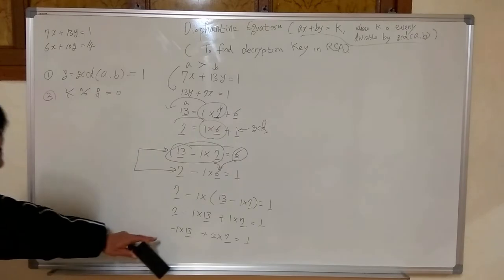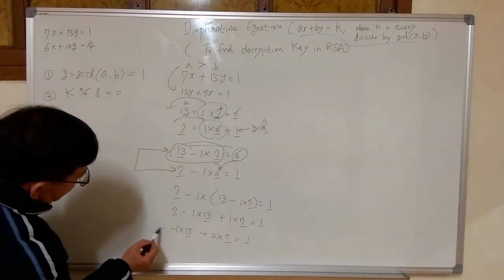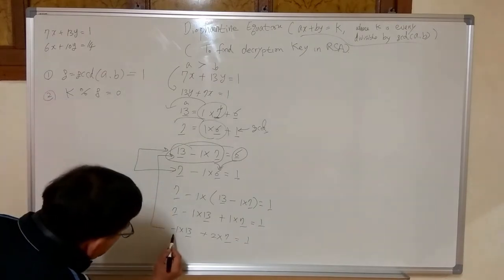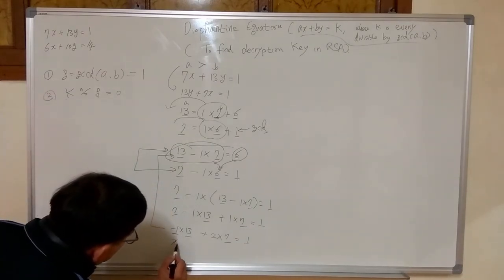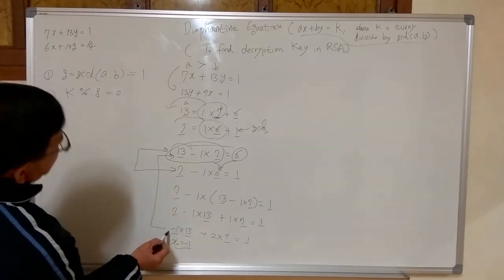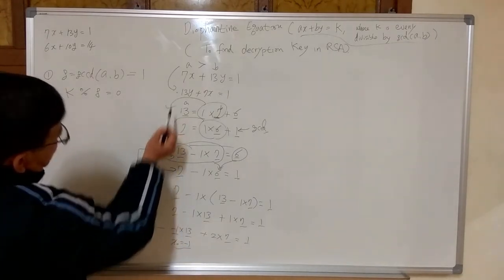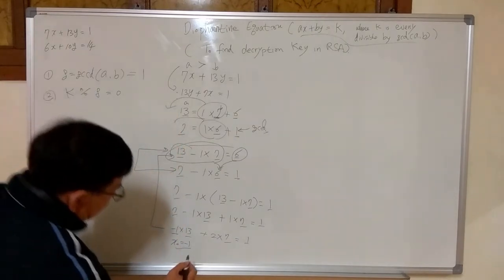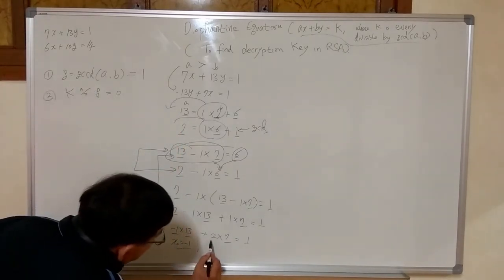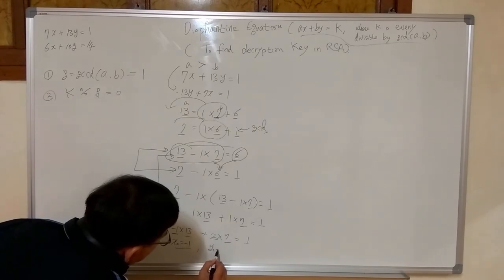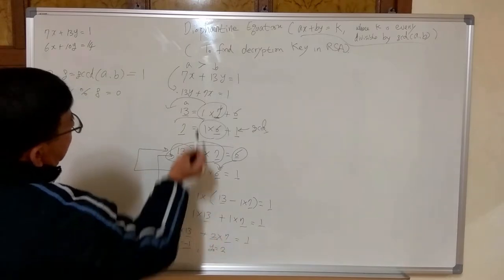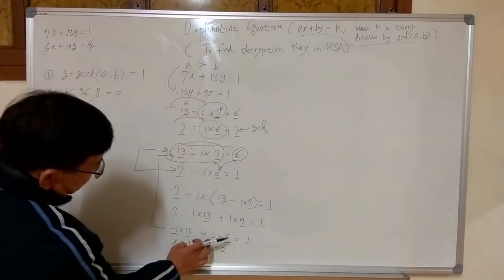If we compare this equation and this equation, we understand this one, x0, was minus 1. Please compare this equation with this equation, for example. Then this is y0 equals 2. If we compare this with this equation, we understand that.